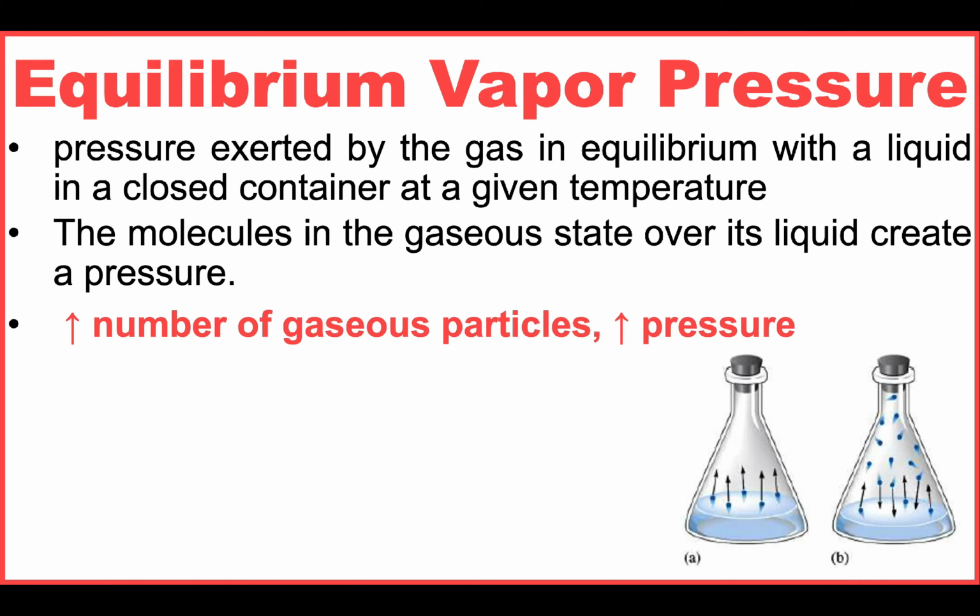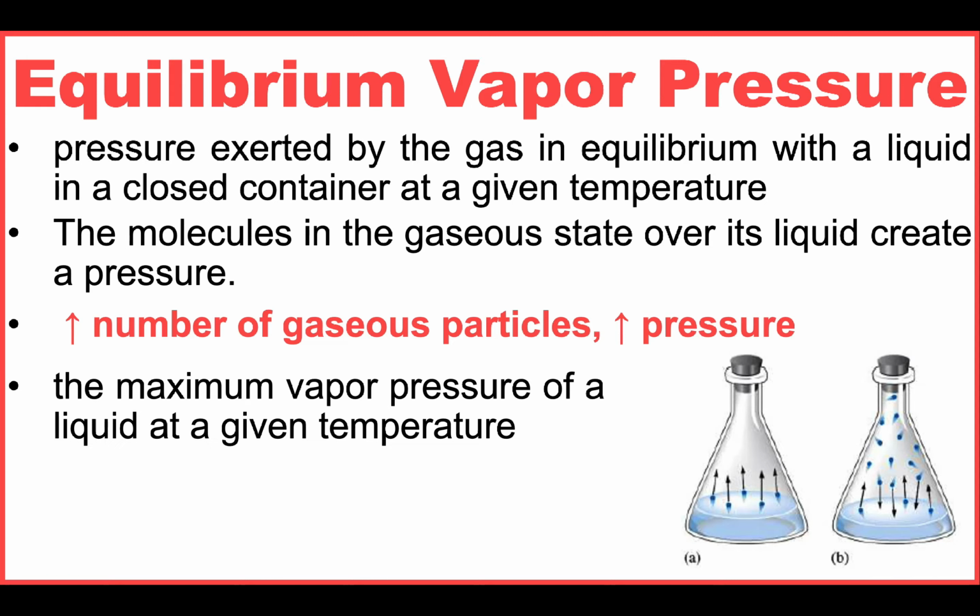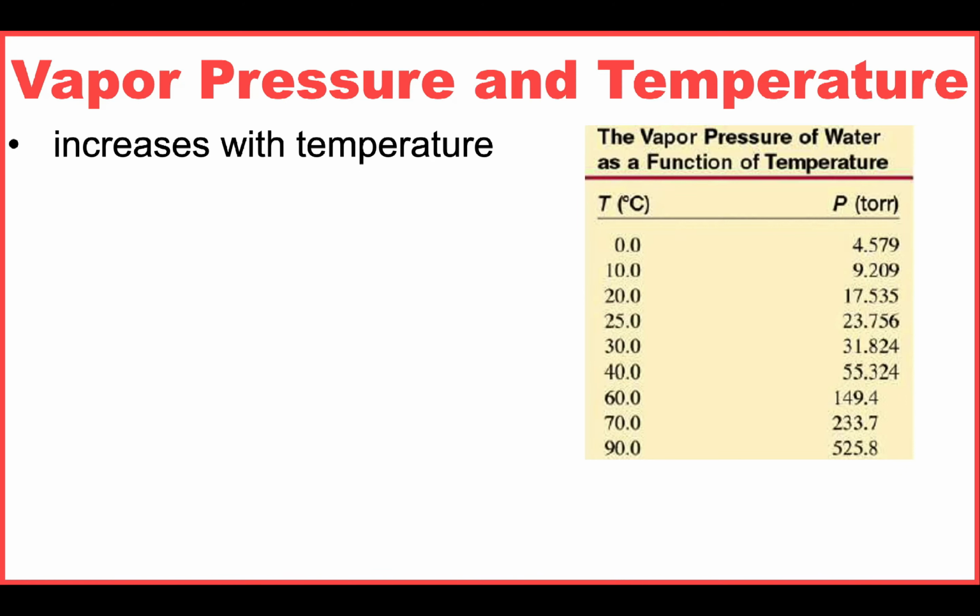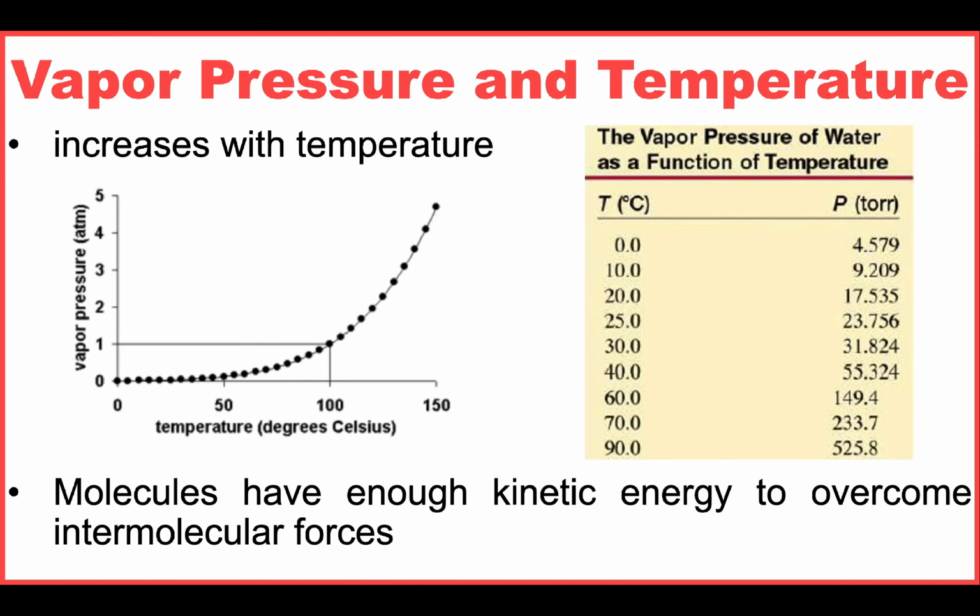To make it simpler, equilibrium vapor pressure is the maximum vapor pressure of a liquid at a given temperature, and it is constant at a constant temperature. With that, you have to remember that it increases with temperature. This graph shows the vapor pressure of water versus temperature.